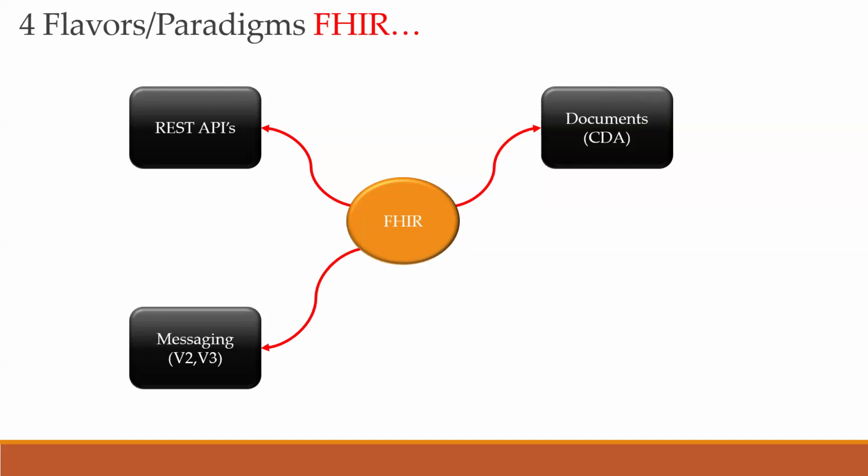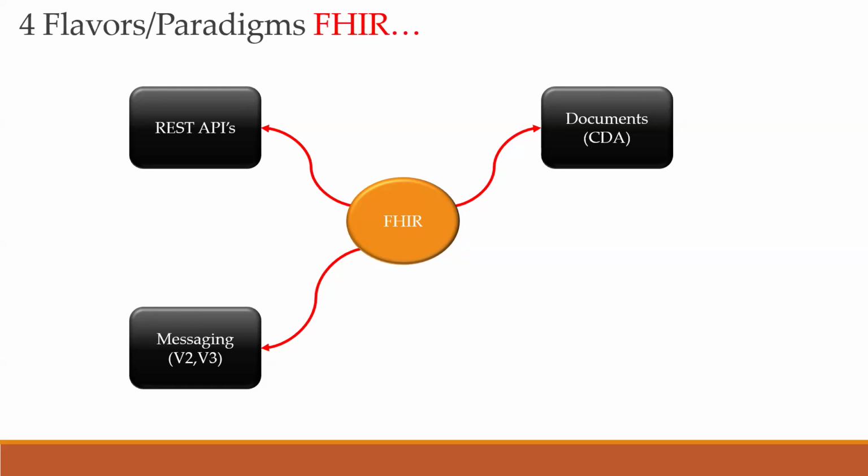Same reason as for documents. FHIR has plans to replace V2 and V3, so the standard is developed based on this particular approach as well. But it will take a long time to replace V2 because FHIR itself is evolving. It is not stagnant today.